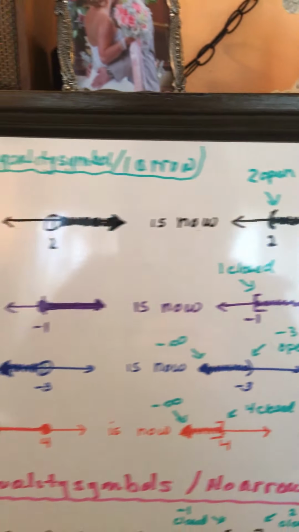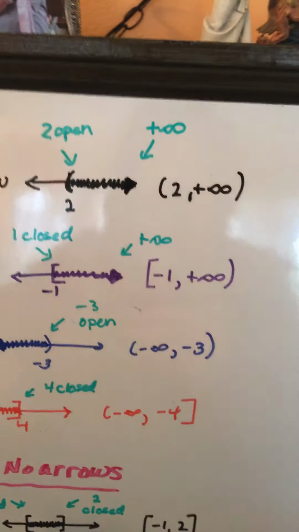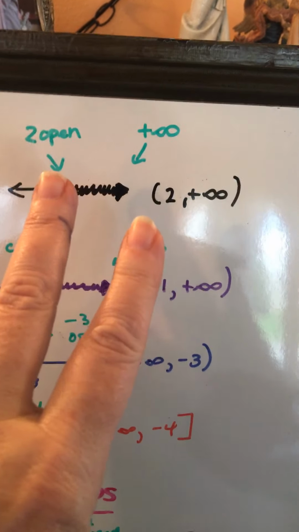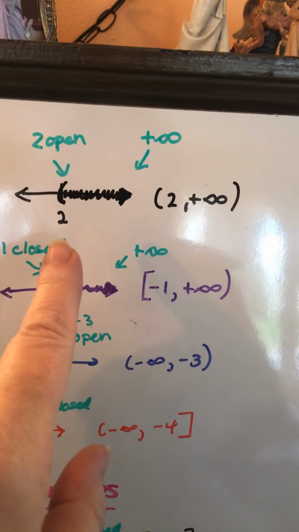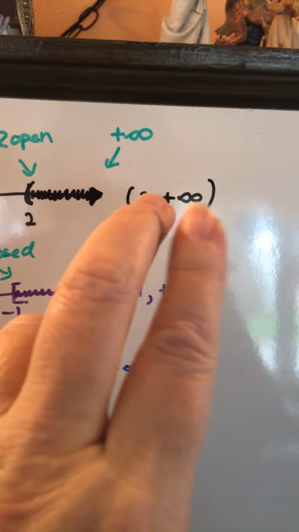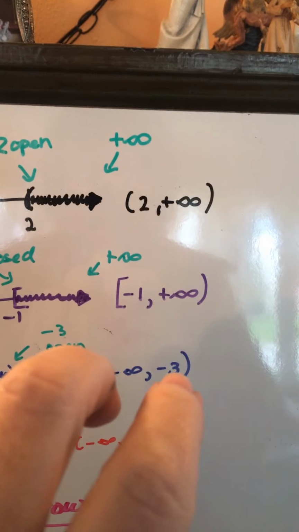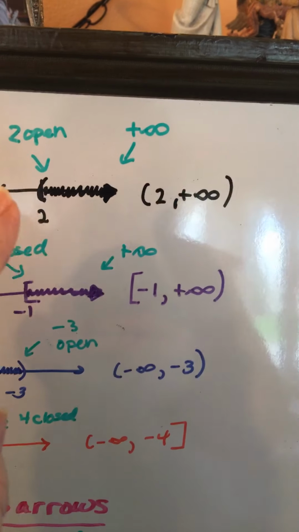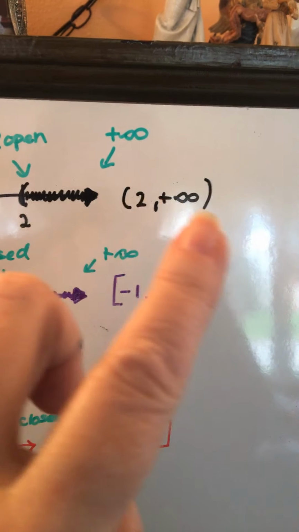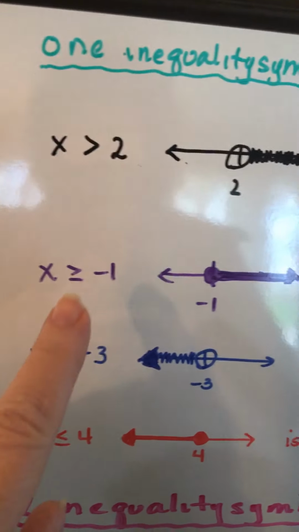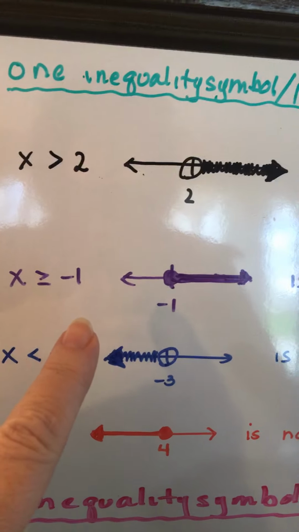And so now when I go to rewrite this, I always say I have to see two numbers, and it could be an infinity. On the left is 2, on the right is positive infinity. So I wrote both of those. And now they're both in parentheses because the 2 was open.